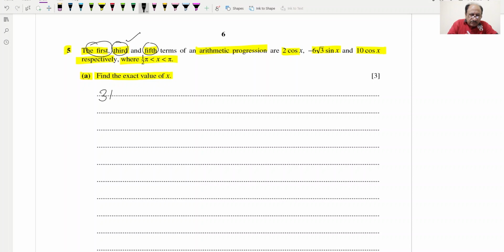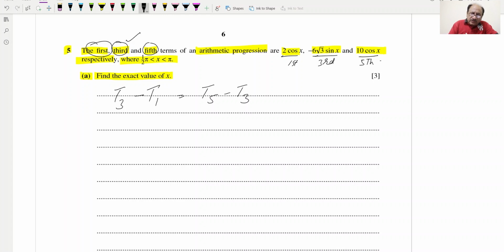We will write third term, or you can write t3 minus T1 is equal to T5 minus T3. And now we can replace the terms, not first term, third term. This is first, this is third, and this is fifth term.